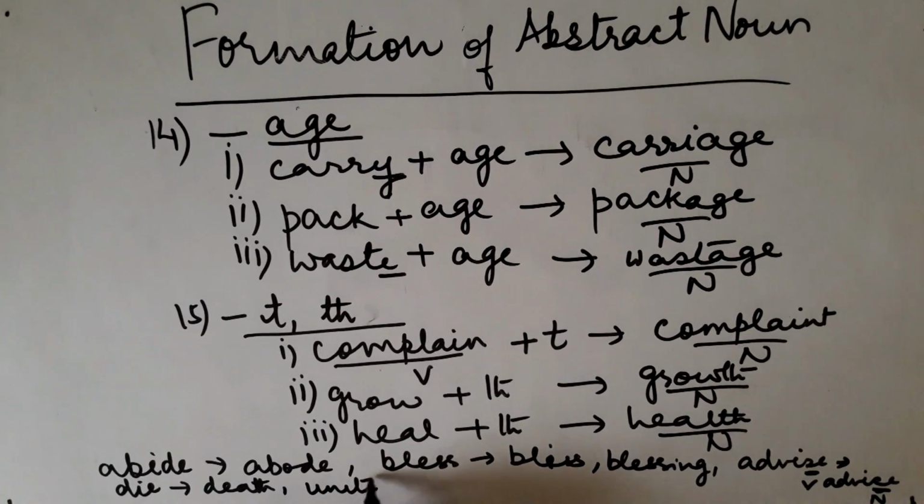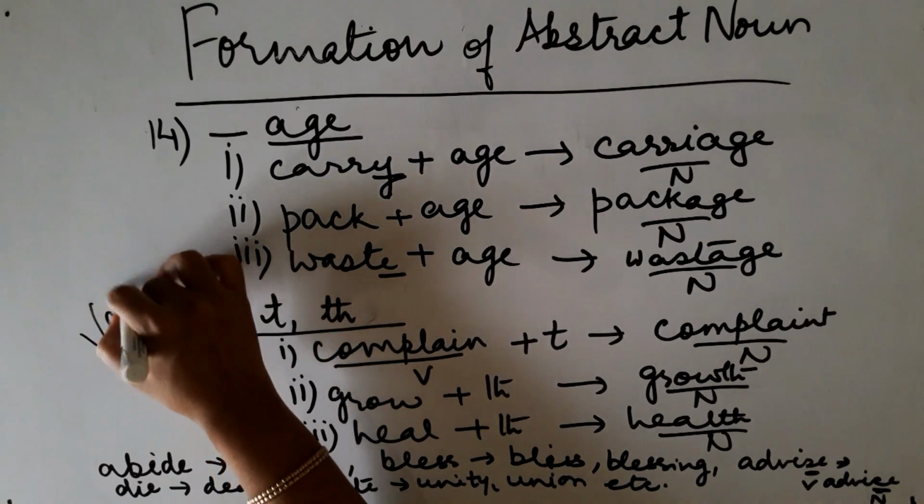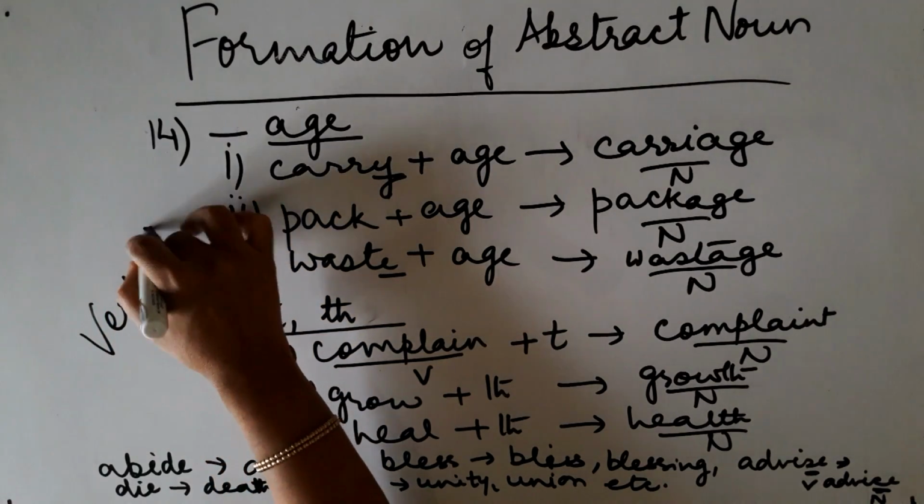Unite changes into unity or union. So there are many words which fall in this category. So this is how we can change verbs into nouns.